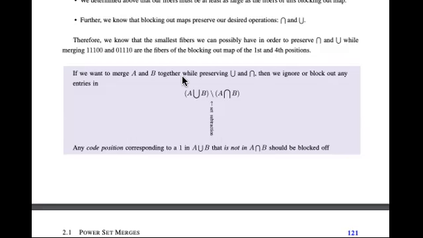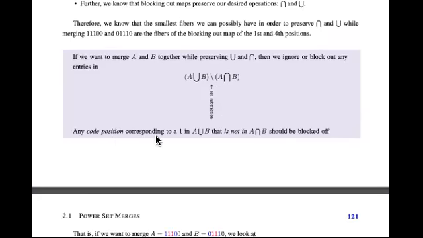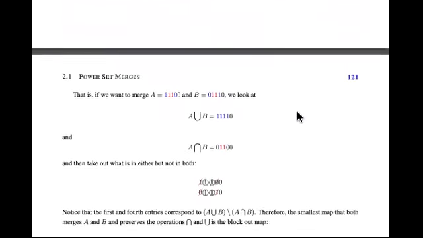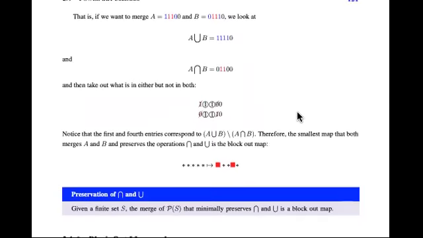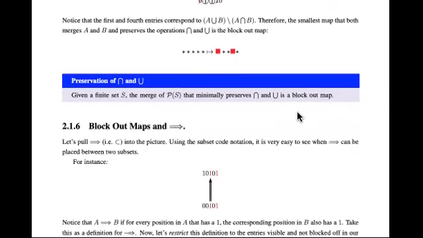We're basically blocking out any entries where they are different. Any code position corresponding to a 1 in A union B that is not in A intersect B should be blocked off. So this picks out those differences. And this describes it a little bit more.